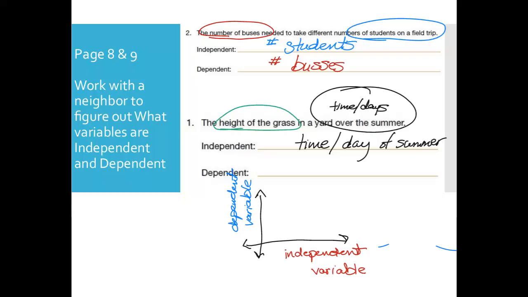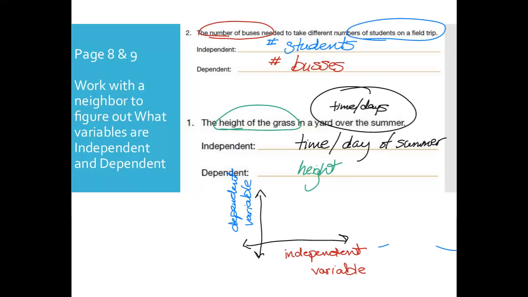Because we're talking about if you do not cut the grass, if it is May 15th and you have not cut the grass, it's starting to get tall. If you get to July 4th, that grass is still growing and it's going to keep growing. So it's the time and the day of the summer that is going to determine the height of the grass.